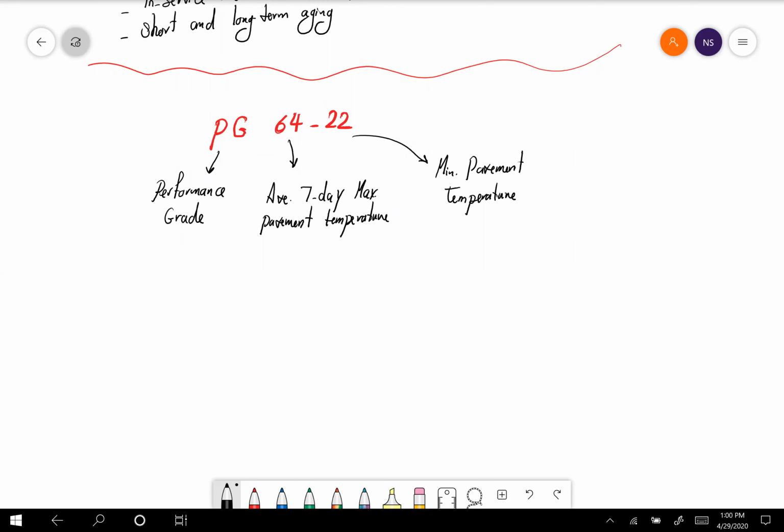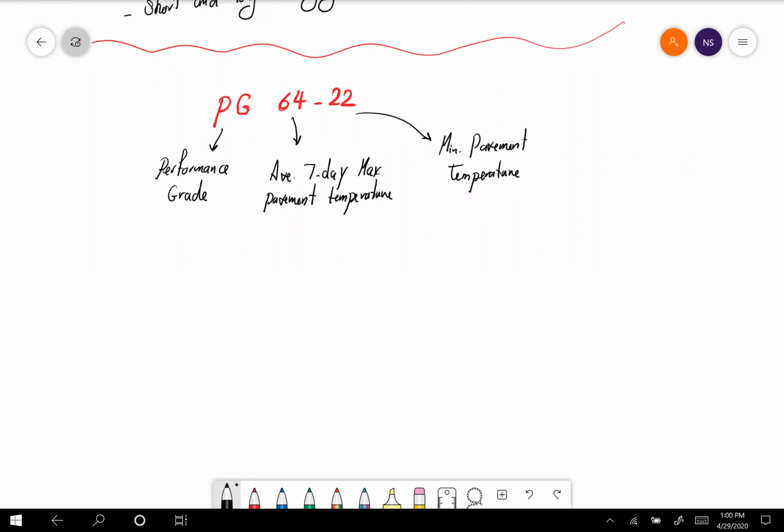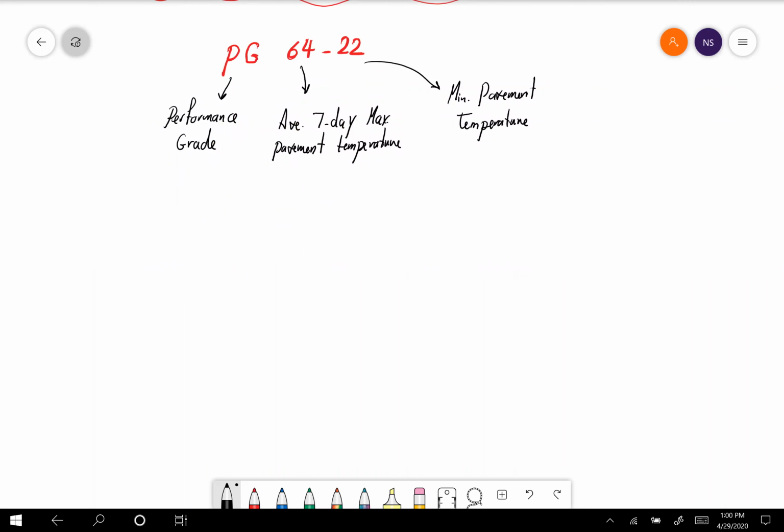And pavement temperatures are calculated using software, SuperPave software, that is available online. The high temperature is measured at 20 millimeters below the surface.